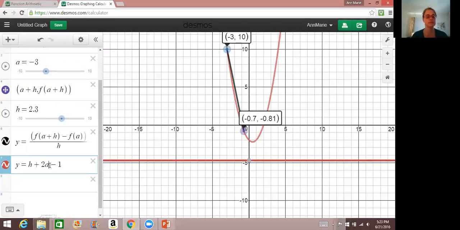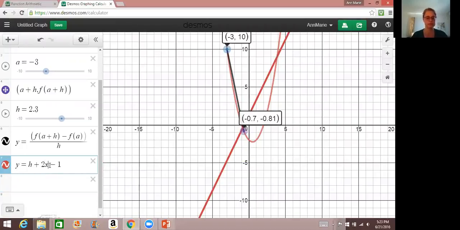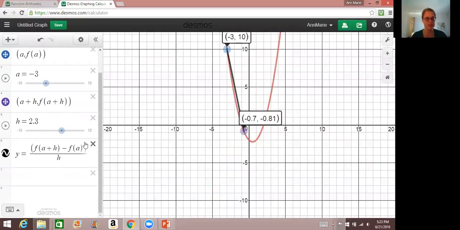Oh, I know why. No, this isn't going to work. Sorry. No can check on Desmos this way. Desmos is only good for helping you understand what's going on.